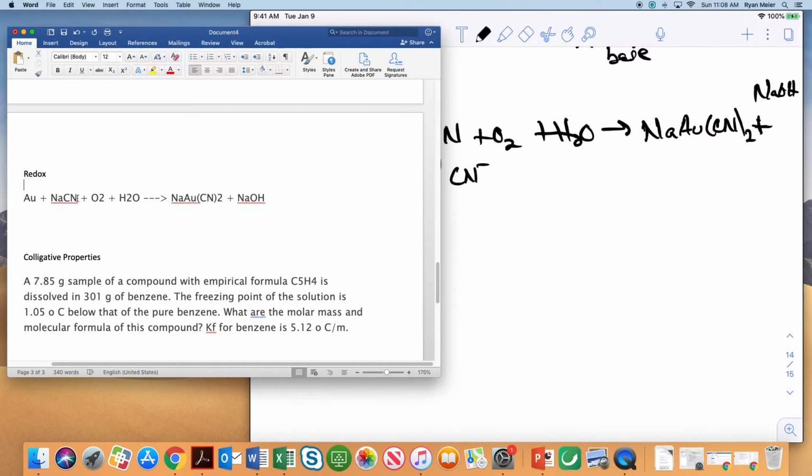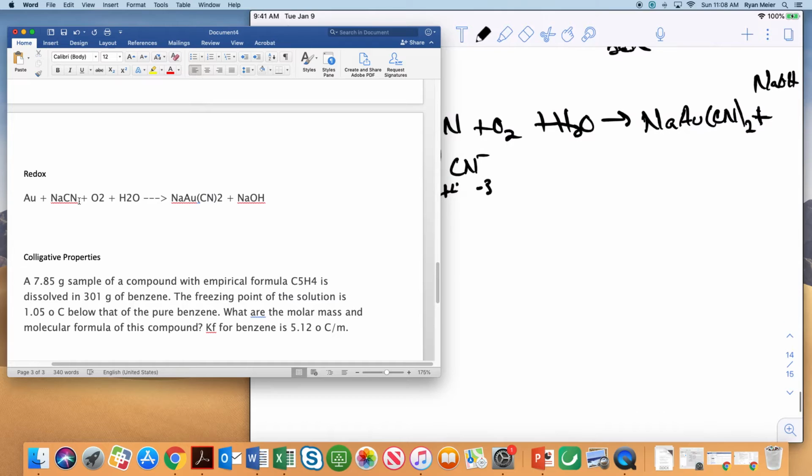Now oxidation states for something like CN minus, following our normal rules: the nitrogen is technically minus 3, not plus 3, because the nitrogen is going to be before the carbon in that order. Carbon is technically plus 2 here to balance. It's a little awkward.